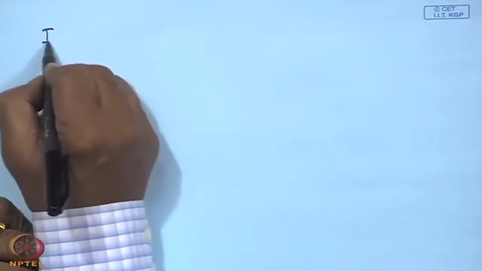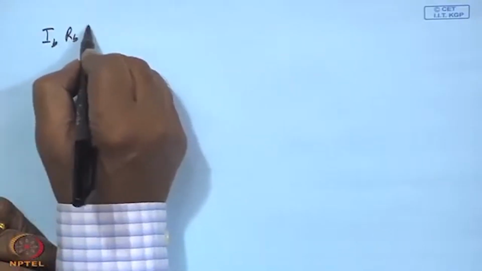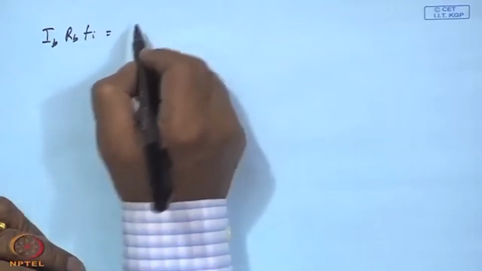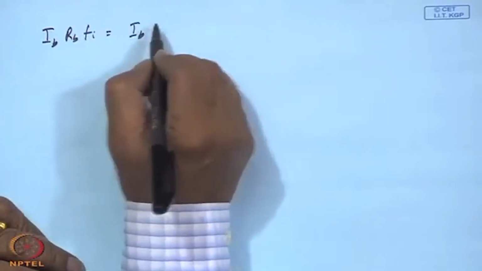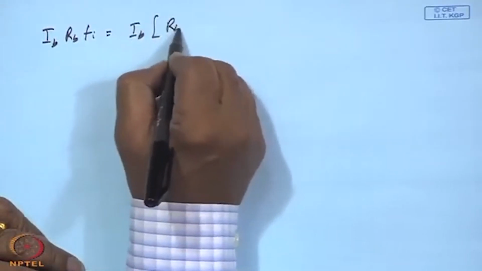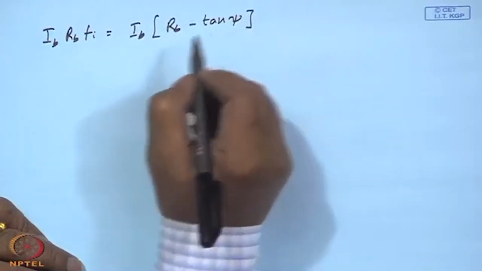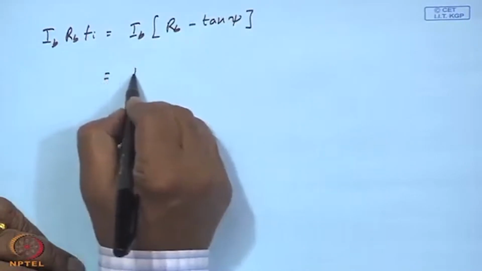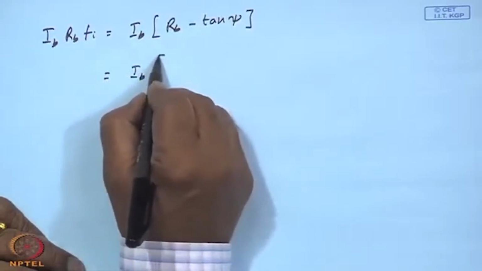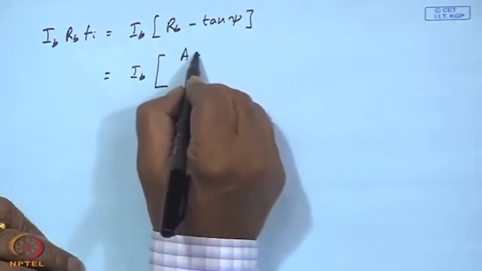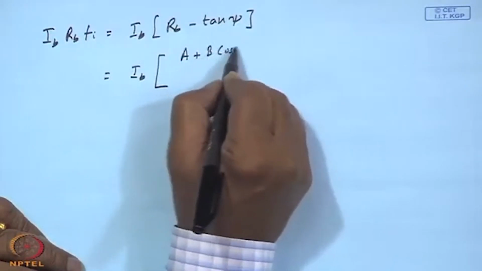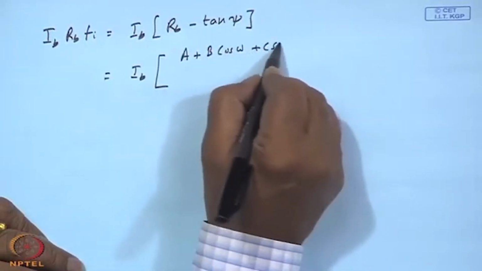So, you have got IB RB minus tan psi, which shall be IB times, in general, A plus B cos omega plus C sin omega.